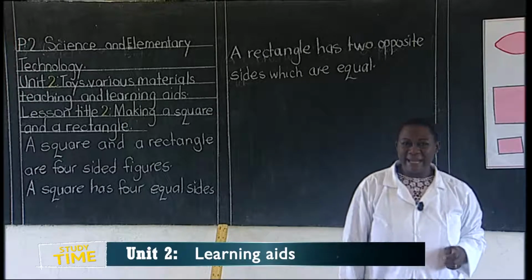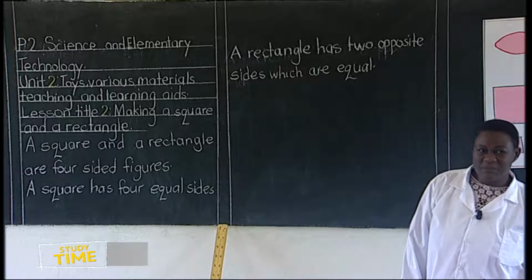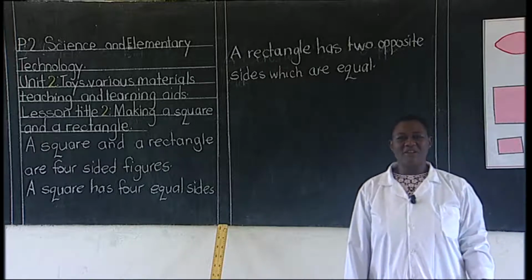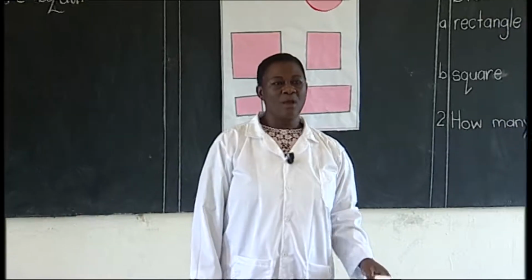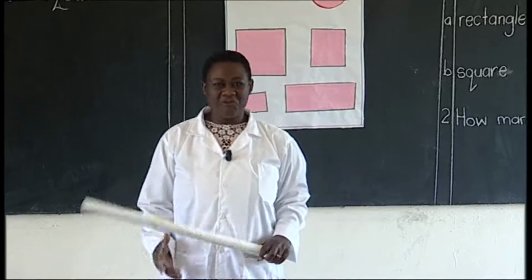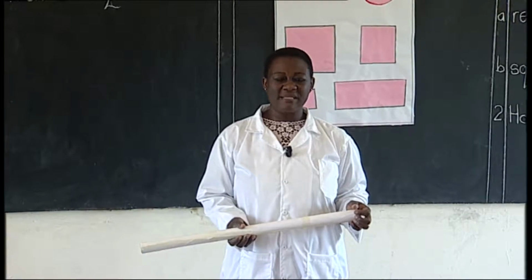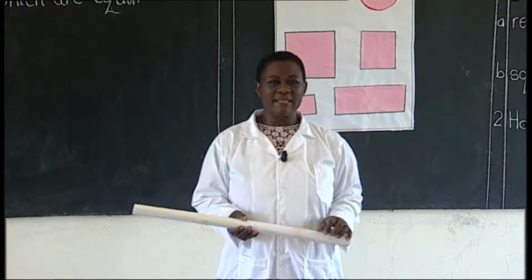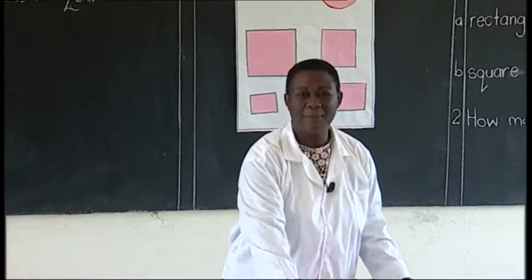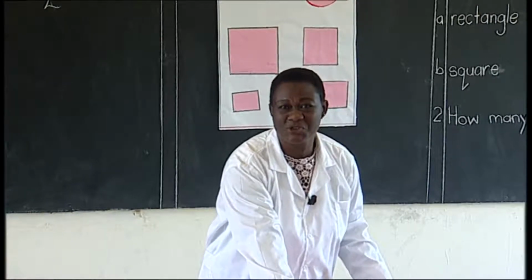When we are making these shapes, the square and the rectangle, they can be made from different materials. But in our case, we are going to use papers. What are we going to use, children?